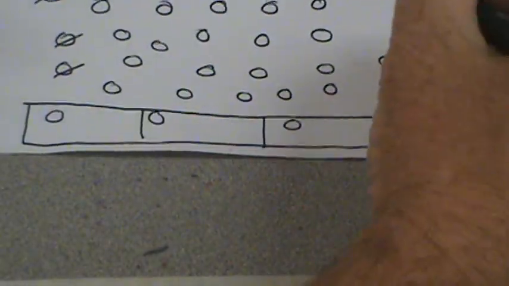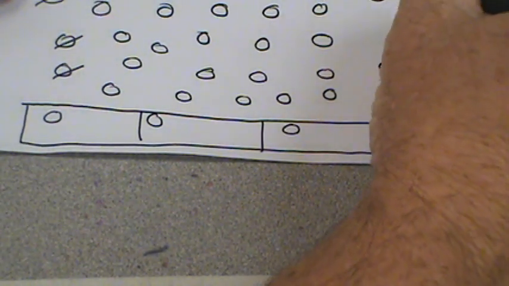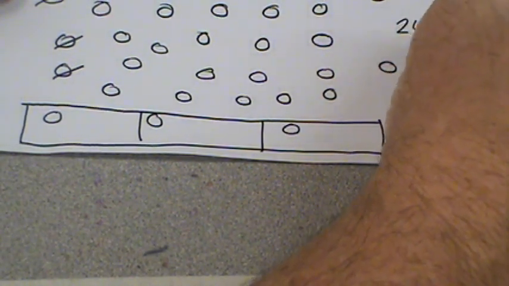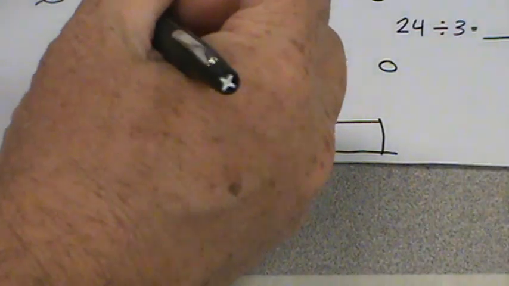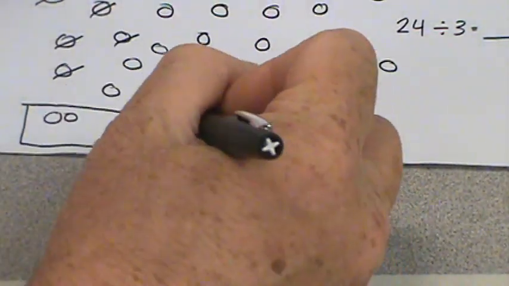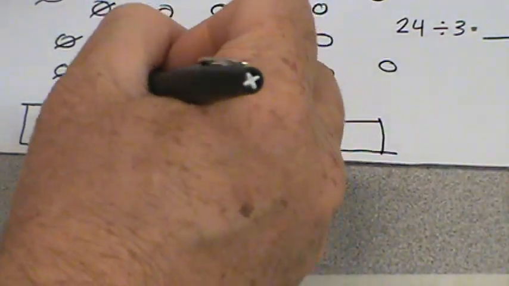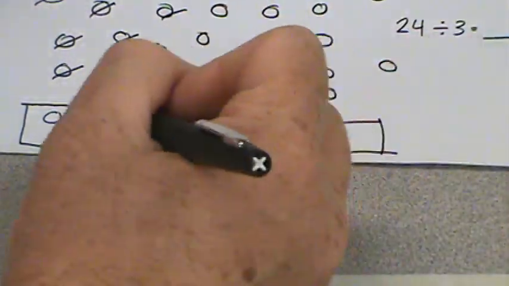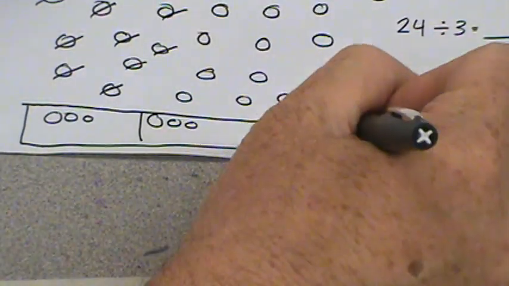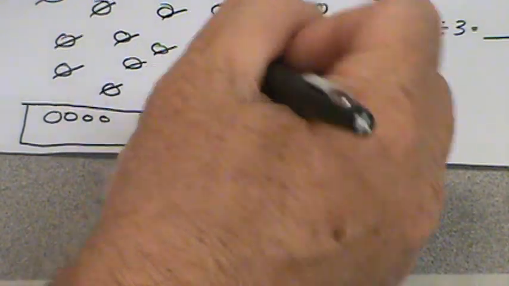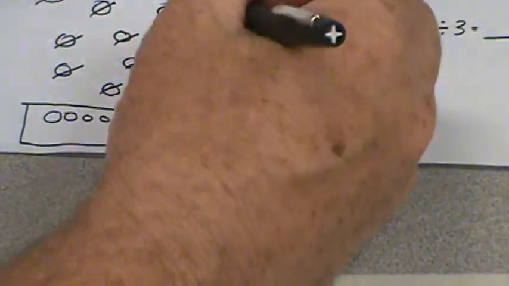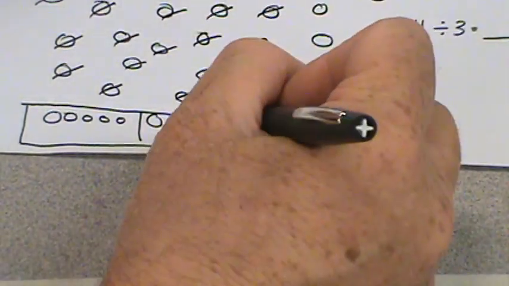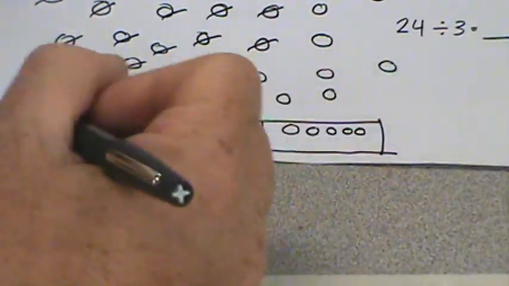Okie doke, welcome back. So we had those 24 papers divided by 3. What did that equal? Well, let's keep going. Okay, I've got 5 in each group.